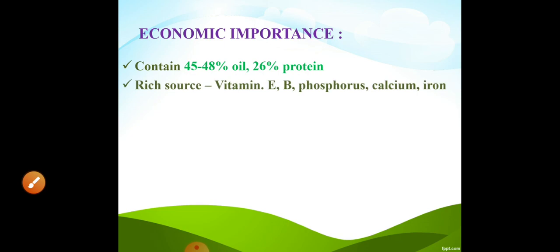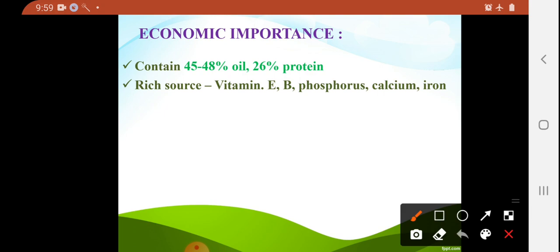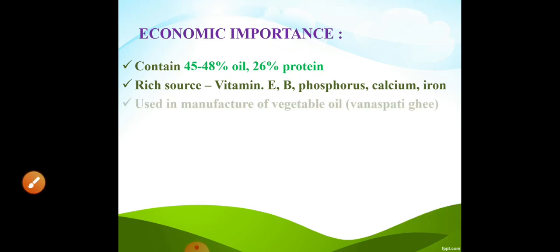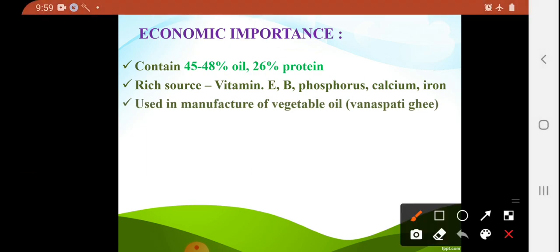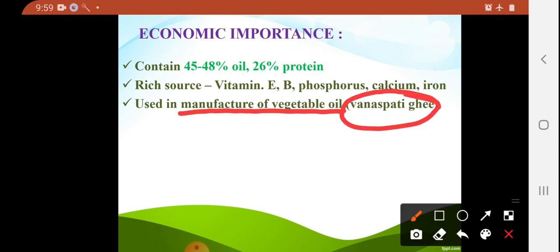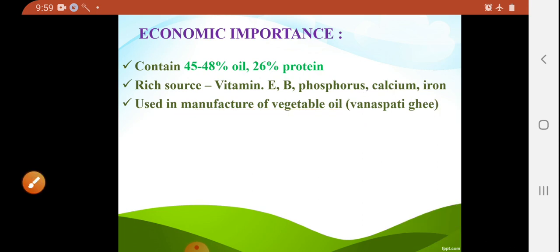Besides this, groundnut is a rich source of vitamin E, vitamin B, phosphorus, calcium, and iron also. Oil extracted from this crop is used for manufacturing of vegetable oil. This vegetable oil is called vanaspati ghee, or in Marathi it is called dalda.